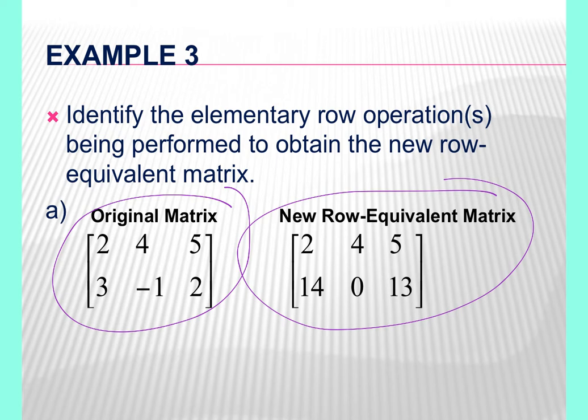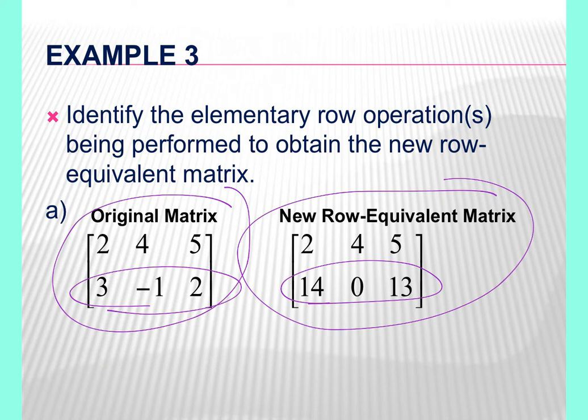Second row did change. But these are not multiples of these, right? So I didn't just multiply by a number. Which means my other option is what? I could have added 2 rows together. If I straight up add them as they are, I would get 5, 3, and 7. So it's not just addition. Which means I had to do what? Multiply something by something and then add. So let's see if you see it.